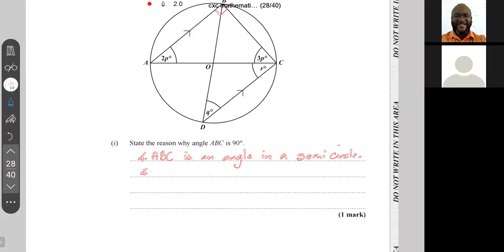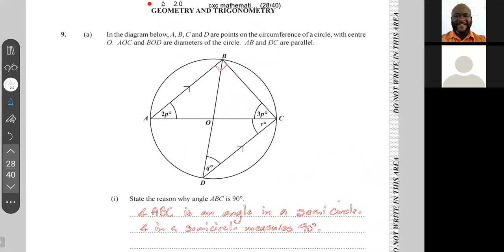Guys, so how do we identify an angle in a semicircle? We need to go back and watch those videos on circle theorem.